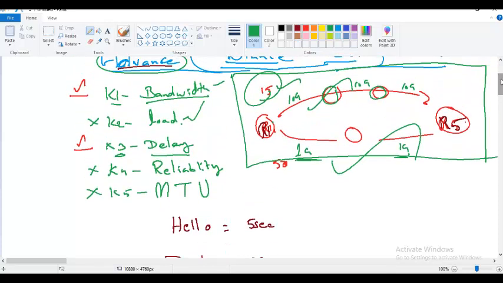Now, we saw EIGRP as a classless routing protocol that uses only multicast address. The multicast address that EIGRP uses is 224.0.0.10.